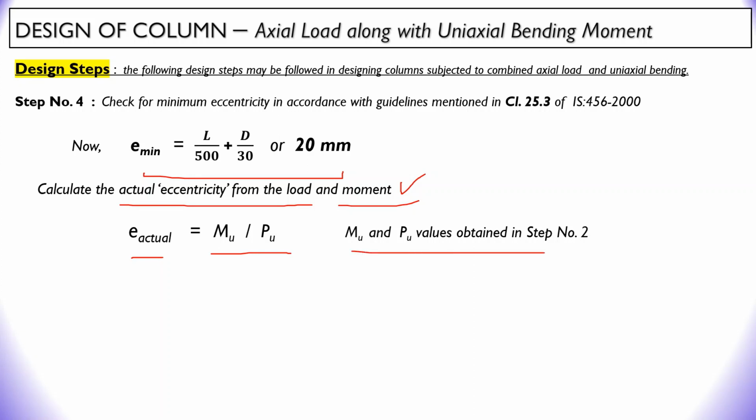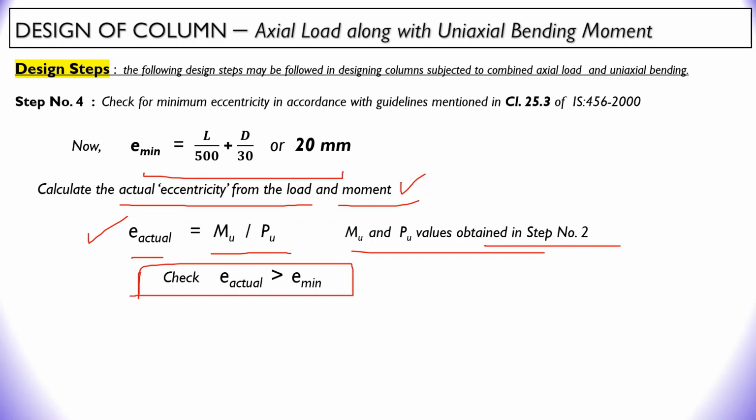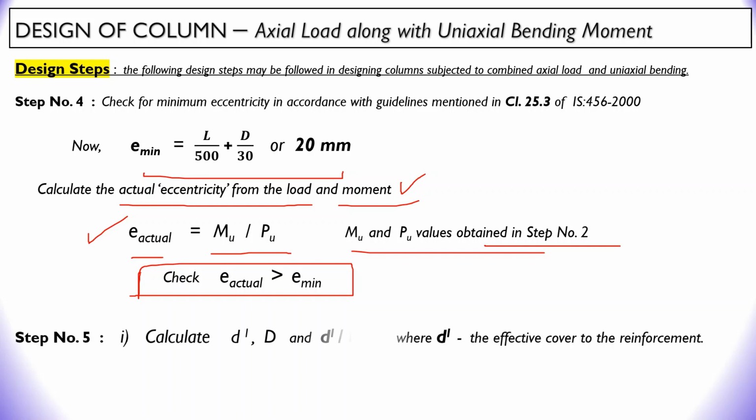MU and PU we have already obtained in step number 2, so we can take those values. Here we have to apply the check, that whether the actual eccentricity is greater than the minimum eccentricity. That is the only check which we have to apply.